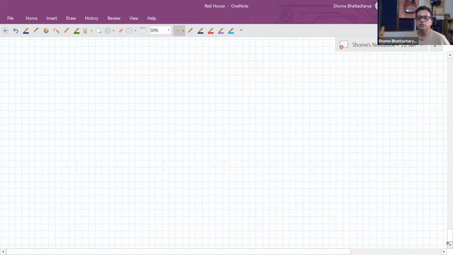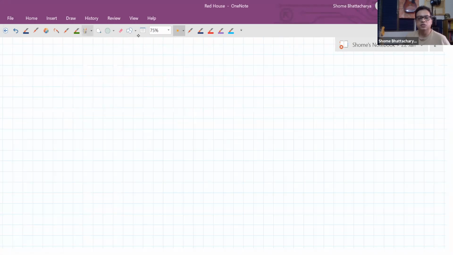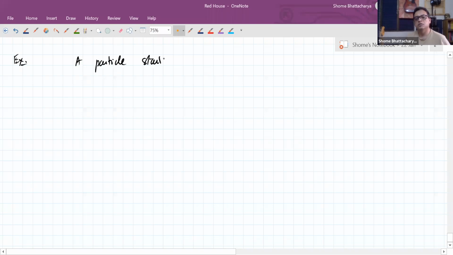Okay, another type of question where you have to relate power sometimes is in a circular motion situation. So a particle starts from rest on a circular path of radius r.